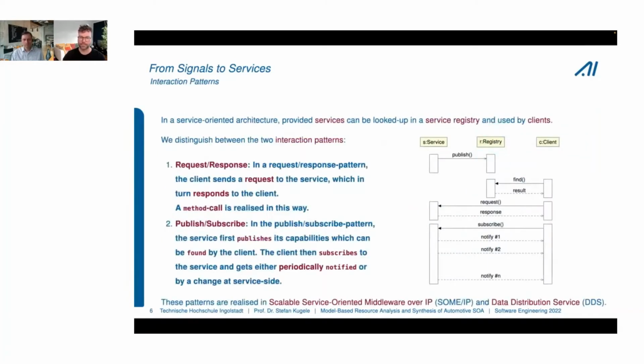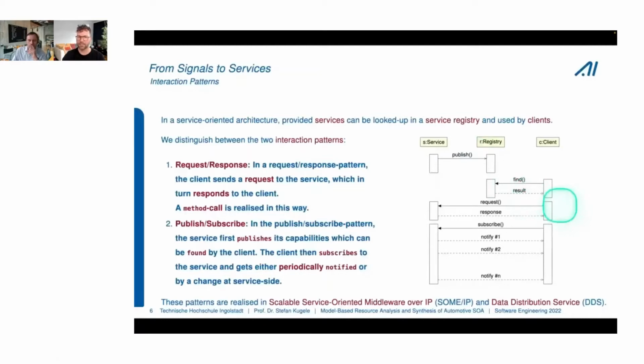Both patterns are depicted here graphically. In the first case, we have a service that publishes some properties or some behavior, and this can be found by a client. By this, a publish and subscription mechanism can work. And the second is the request-response pattern.